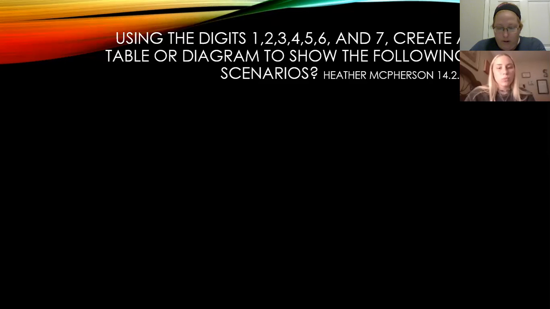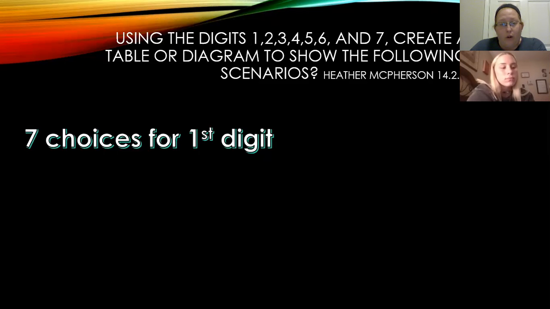Using the digits 1 through 7, could you create a table or diagram to show the following scenarios, Heather? Okay, so in this one, repetition of the digits is not allowed. We're looking for 3-digit numbers that can be formed from the digits 1 through 7.